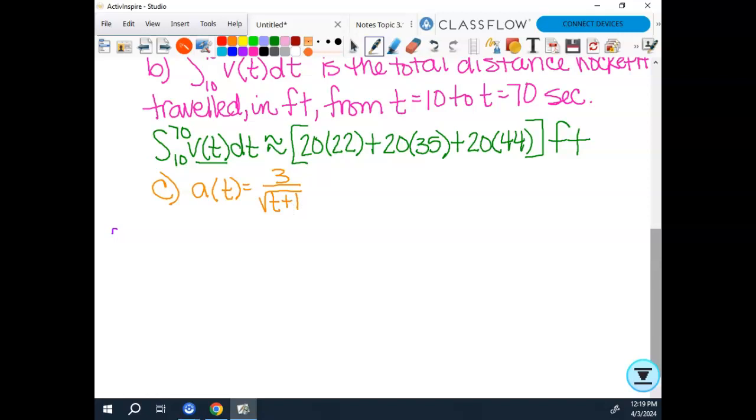So if I take that and integrate it, then I would get the velocity equation, right? Which is what I want, because I have to find IROC. I heard somebody say it. I need the instantaneous rate of change, but that means that I've got to find velocity. So I'm going to need to integrate this, right? And I'm going to rewrite this as 3 times t plus 1 to the what power? Negative 1/2, and you cannot forget your dt. Okay?